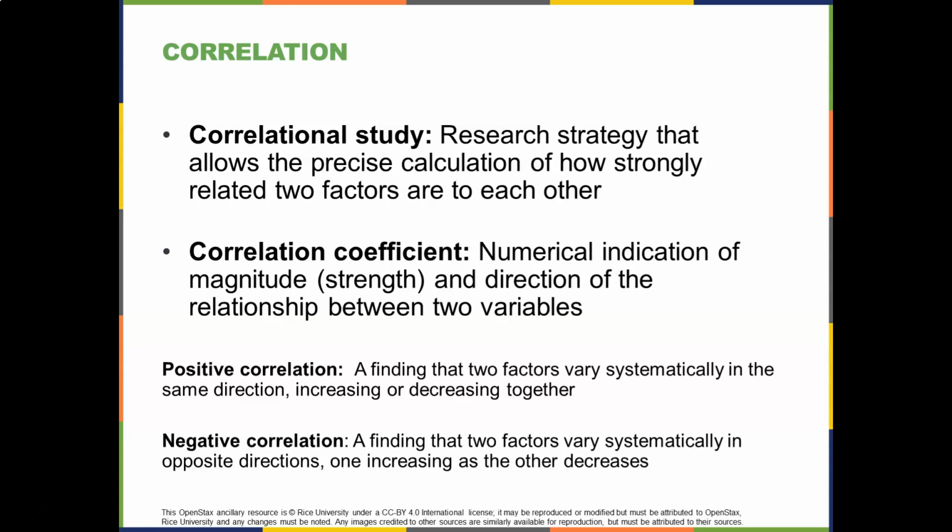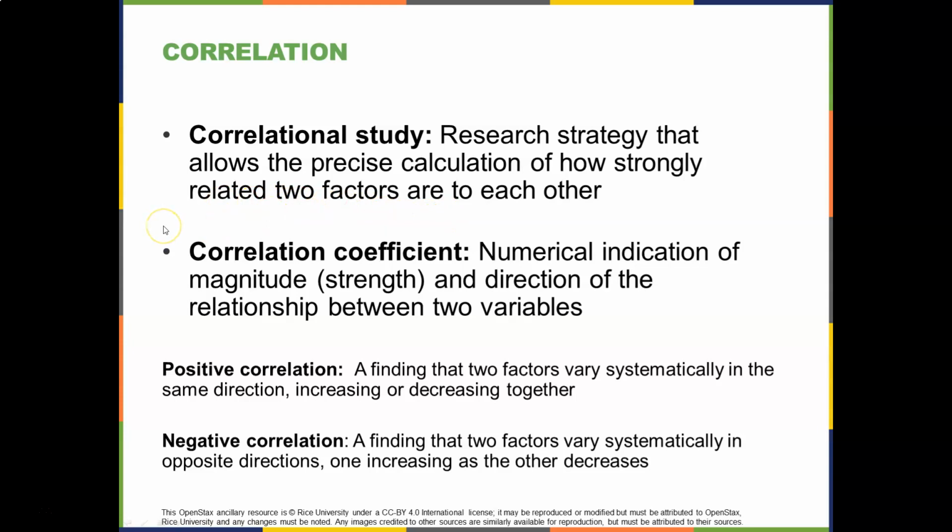They're not going to say big feet cause higher intelligence, but they may say our research has shown that larger feet are correlated with higher IQ scores or something of that nature. But they are not saying that it causes it. They're just saying that those two factors are correlated to each other.